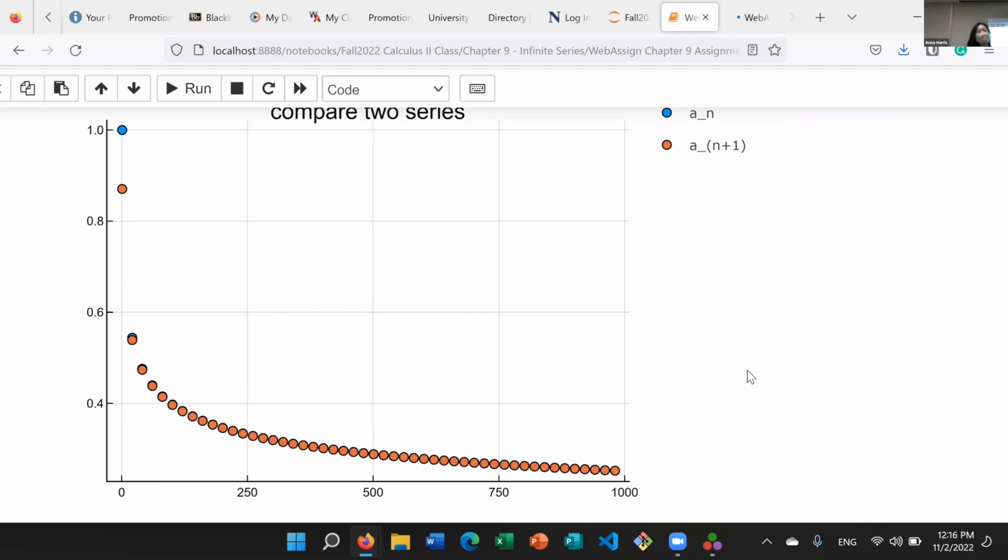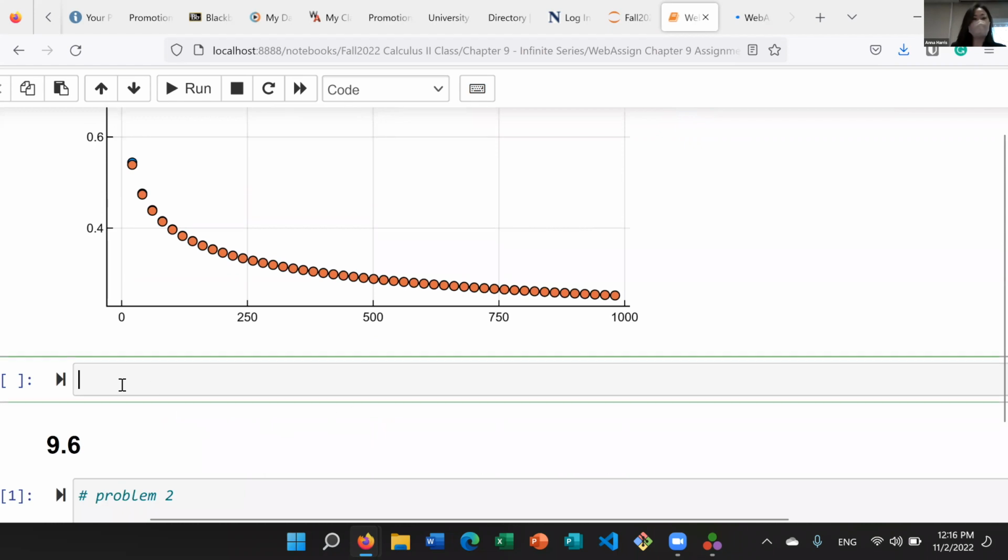How do you know? Just look at your cursor. At 1, a sub n plus 1's y value is 0.87, and the other one is 1. So this is a bigger y value. Graphically and numerically, you found the answer.